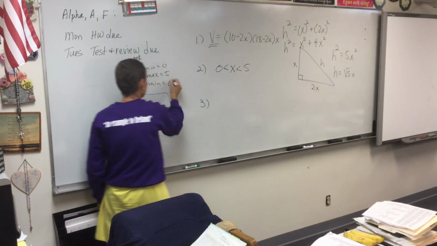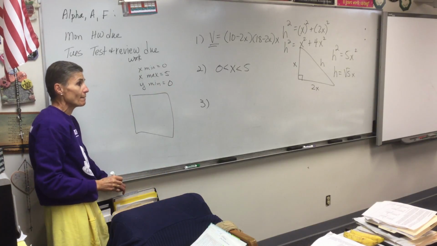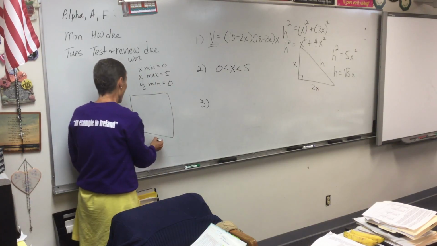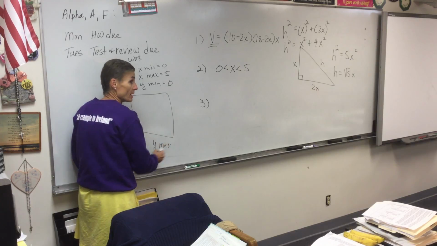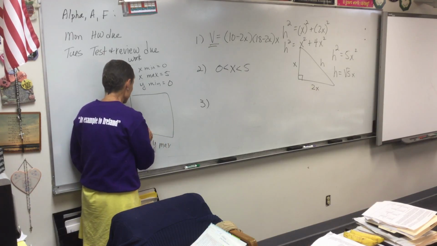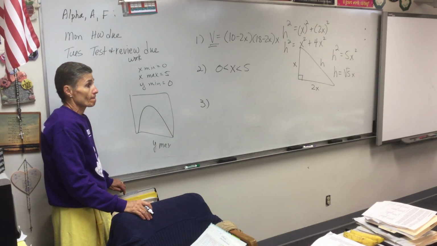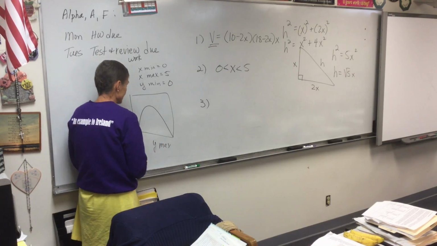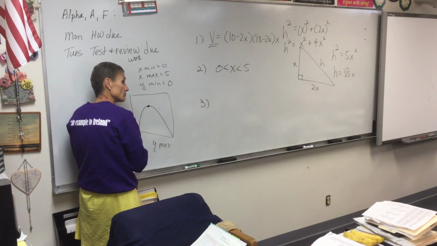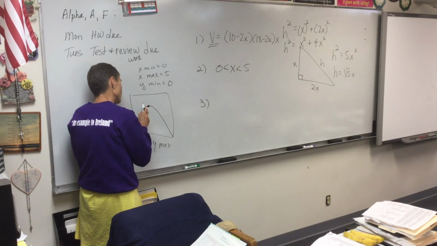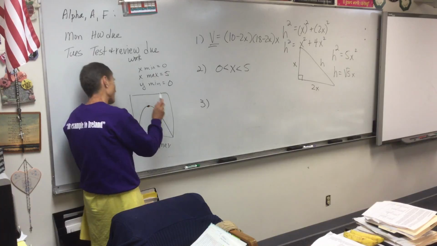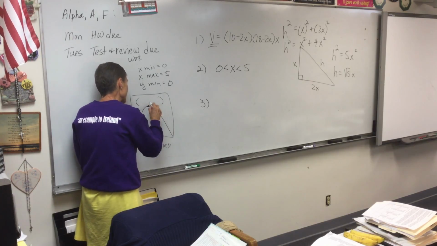This is y, volume can't be negative, so you're going to use y min as 0, and then y max, you're just going to guess, right? And you're going to keep changing it until you see that shape. Now, when you finally see that shape, and you do second calc, max, left bound, right bound, all that stuff, you're going to get an ordered pair.